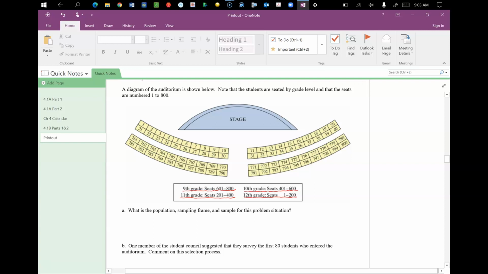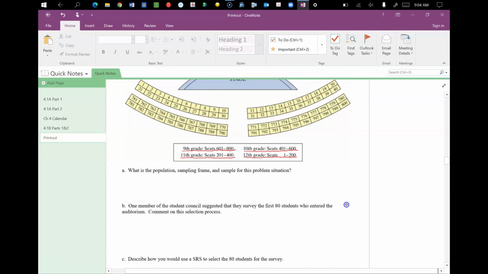And if we were to randomly select 80 students, those 80 students could turn out to be all freshmen or sophomores or juniors or seniors, which probably wouldn't be a good idea. So there's an example of a situation where we incorporate randomness to avoid bias, but we have a better way of taking a sample. The better way would be to use a method that ensures that we get equal representation of each of the 4 grade levels.